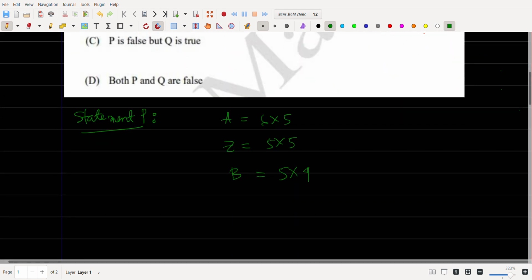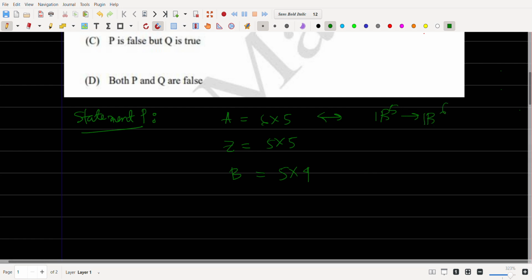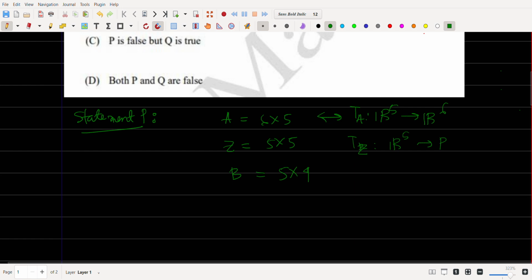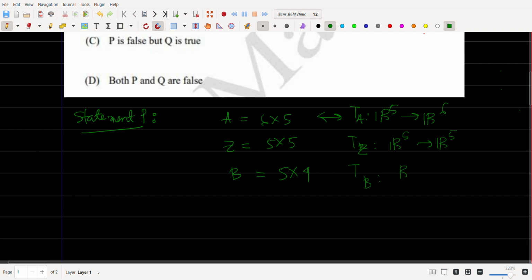So if we think of it as linear maps, then we have TA from R5 to R6, TZ from R5 to R5, and TB from R4 to R5.